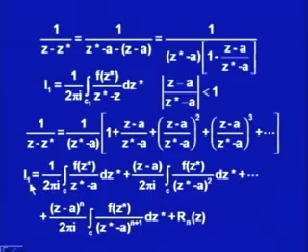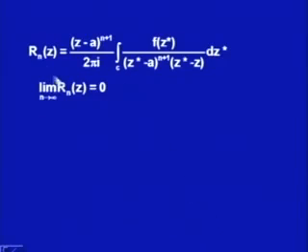So, if we express I1 in this form, then these are the first n terms, and the remaining terms are represented as Rn(z), where Rn(z) is (z minus a) raised to power n plus 1 over 2 pi i, integral over C of f(z star) divided by (z star minus a) raised to power n plus 1 into (z star minus z) into dz star.